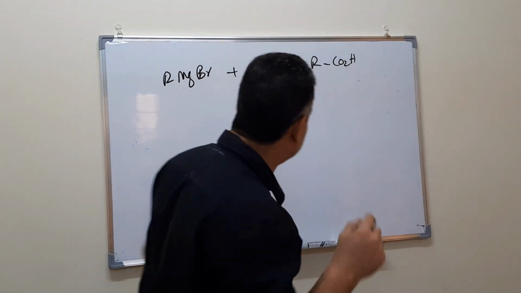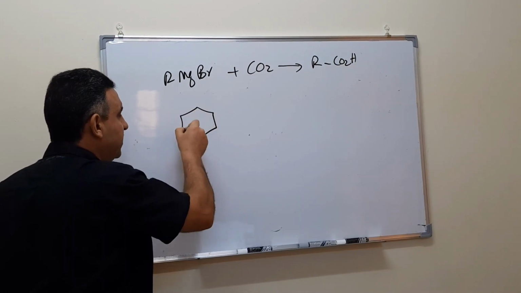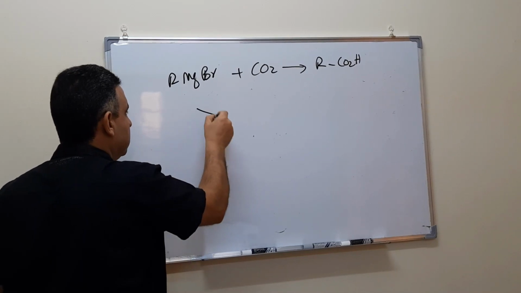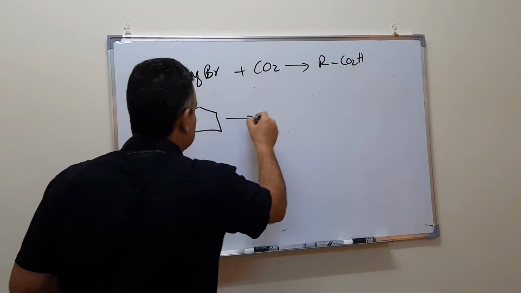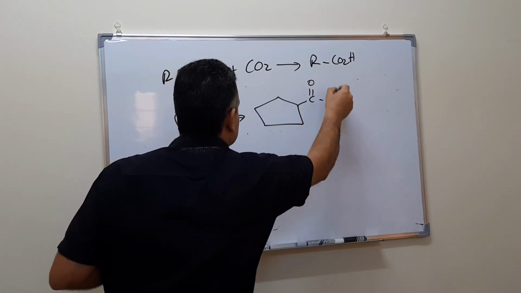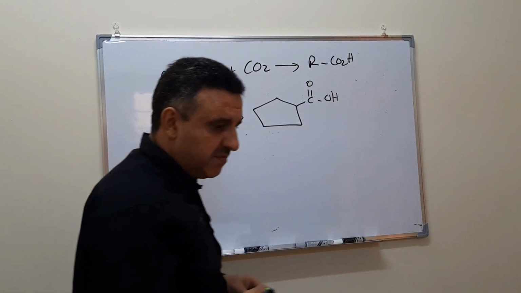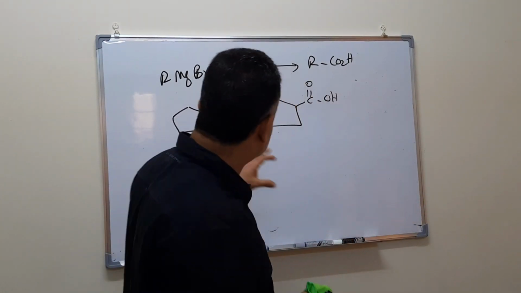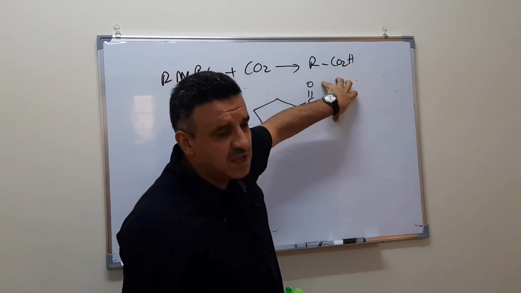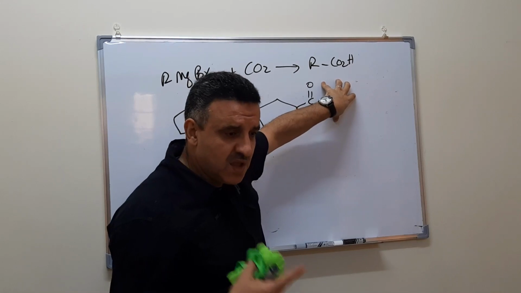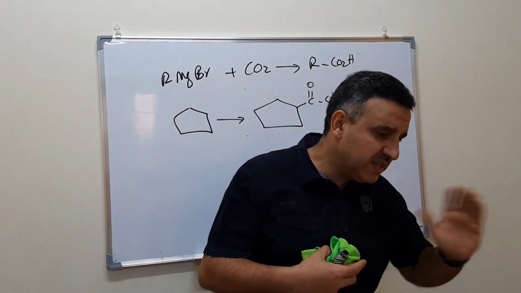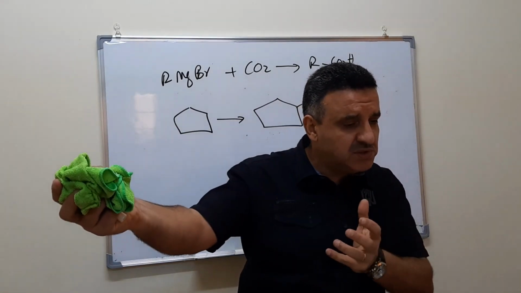That's why, if I ask you how to convert this compound, suppose cyclopentane, to this compound with COOH, the first thing you can think of, if we want to elongate this carbon with a carboxylic acid functionality, is simply to make one of the alkyl groups a Grignard and simply react it with CO2.